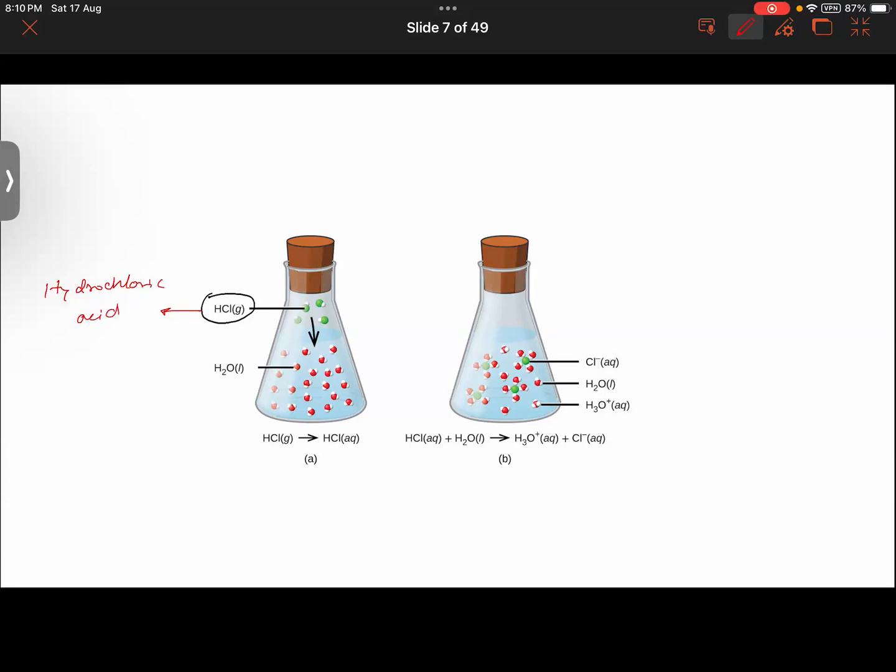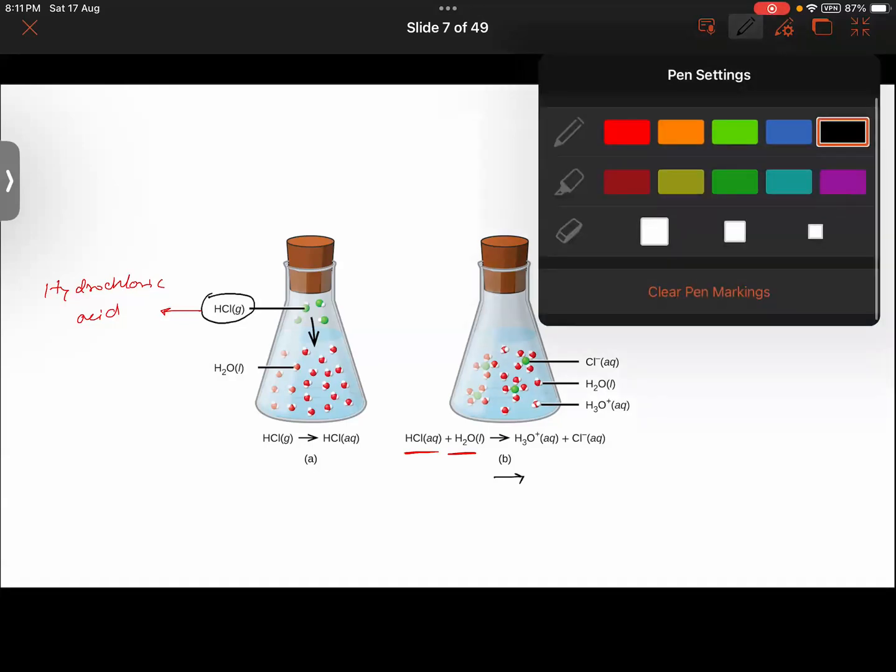Now when water is added into this hydrochloric acid, it will give off hydrogen and break down into hydrogen and chlorine ions.